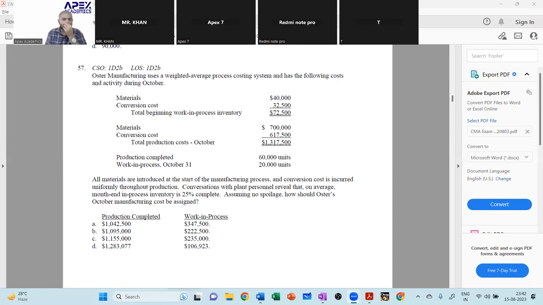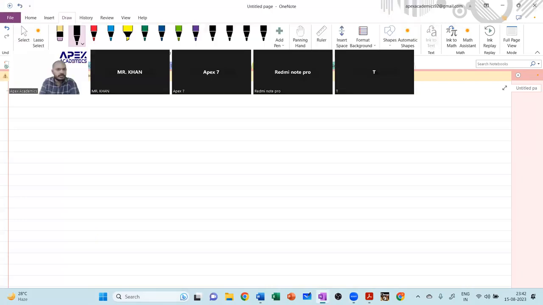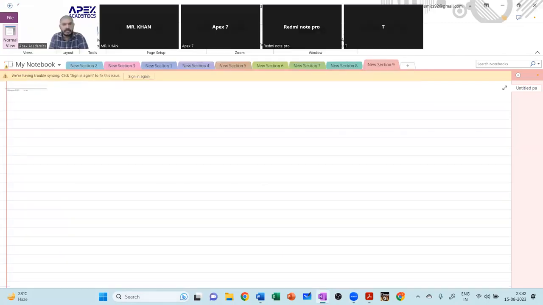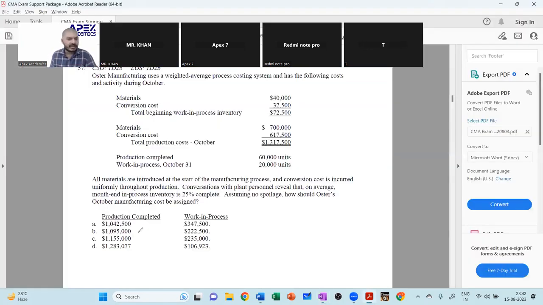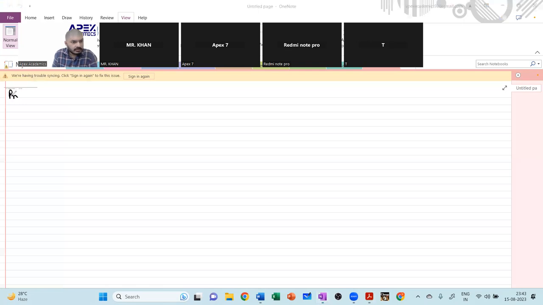Now, my dear friends, production that is completed. Now here, I'll have to write the solution in the notebook, and I'll have to keep doing Alt tab. So I request complete concentration on your part. No distractions, please. Now, I want you first of all to understand that production cost will comprise of two items, material and conversion cost.